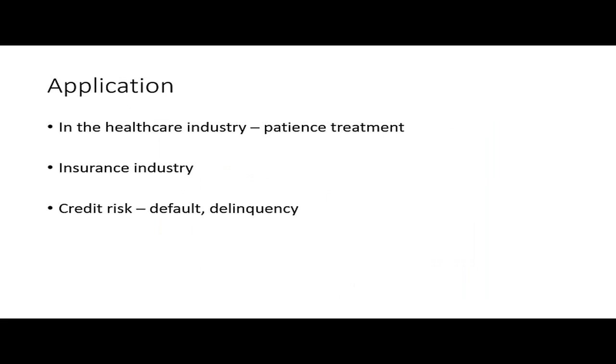There are several applications of survival analysis. It's very much used in the healthcare industry. The event of interest in the healthcare industry is whether a patient is dying or surviving. It's very important to know how many patients are going to survive beyond the first year, beyond the second year, third year of the operation or the treatment that has been given to the patient.